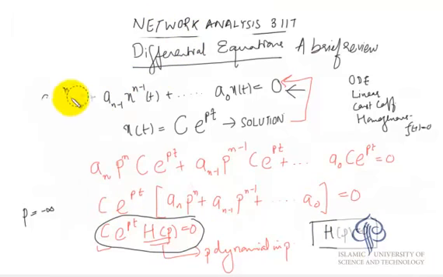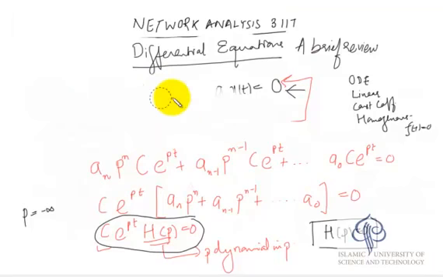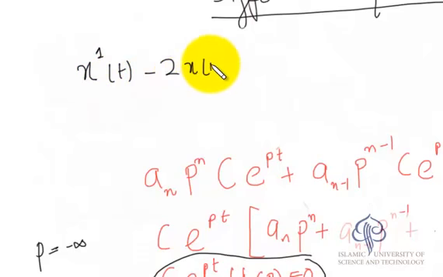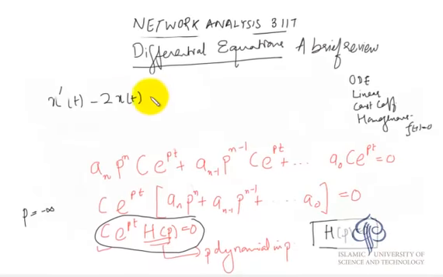Like for example, in case you have a simple differential equation given by x'(t), first differential, minus 2x(t), you can also write this as x dash, is equal to 0.